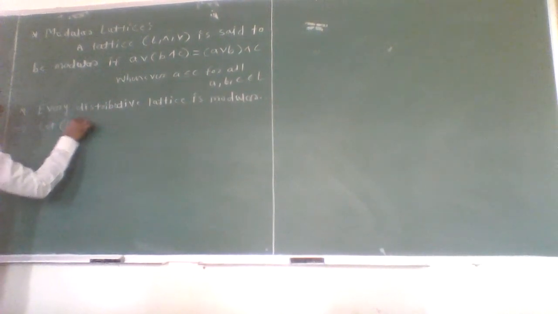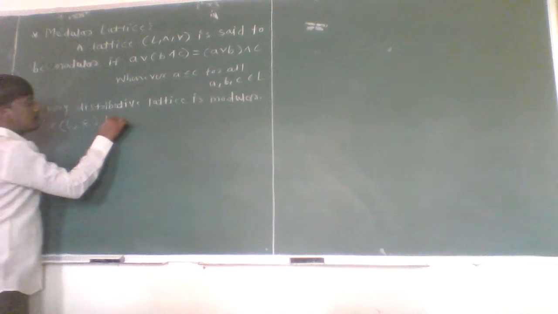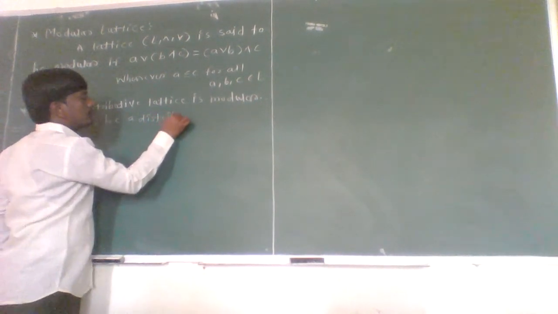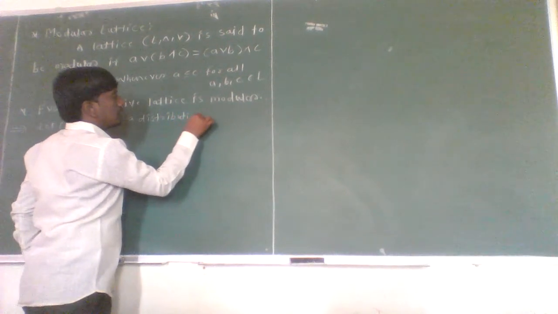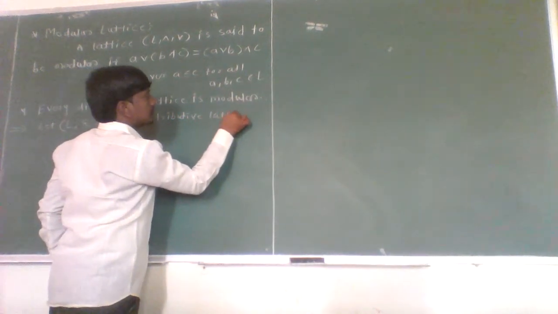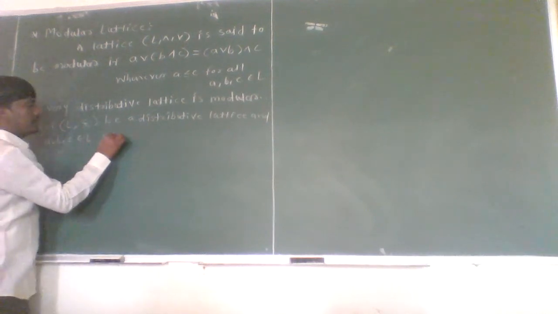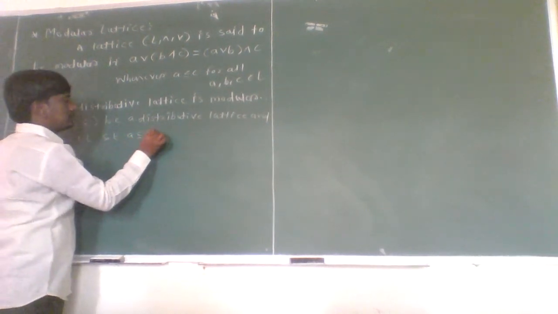Let us consider L, with relation precedes, to be a distributive lattice, and A, B, C are elements belonging to L such that A precedes C.